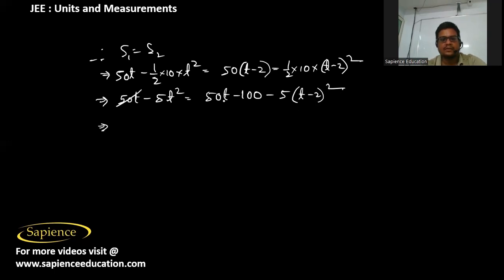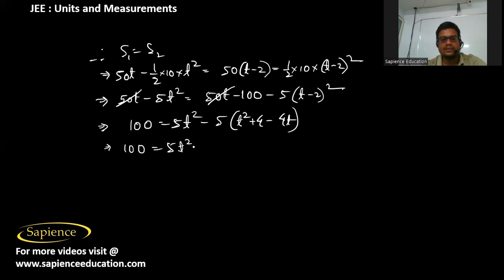So 50t, 50t will cancel out, then this will be 100, that will be equal to 5t square minus 5 into t square plus 4 minus 4t. So this will be 100 equal to 5t square minus 5t square plus 20, sorry, minus 20 plus 5 fours are 20t.